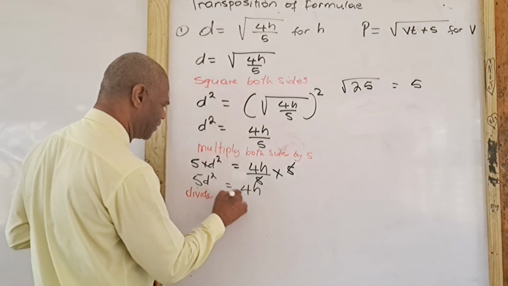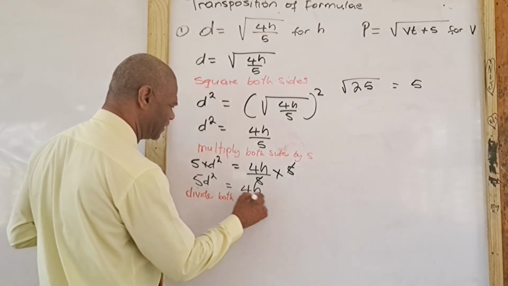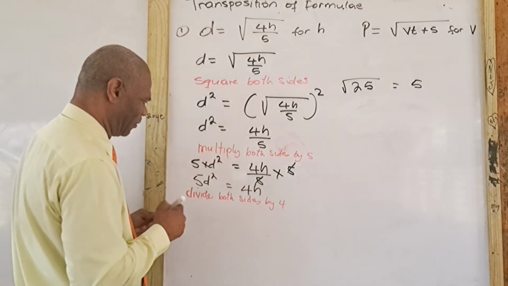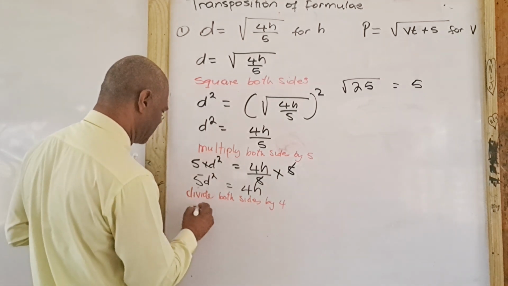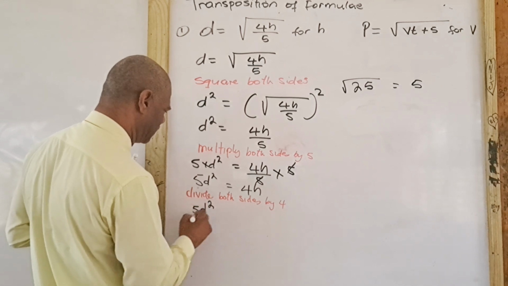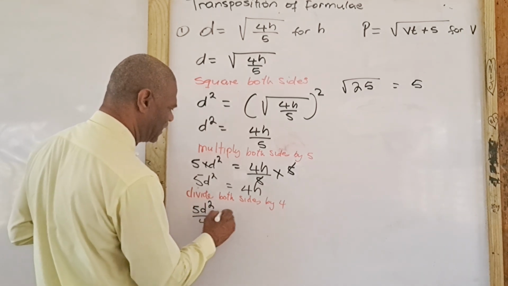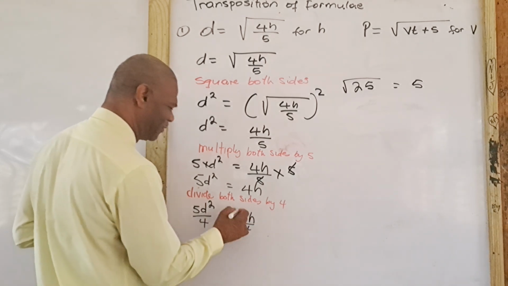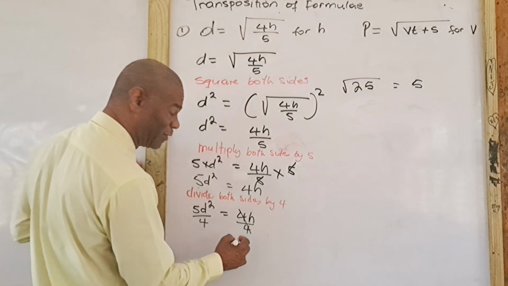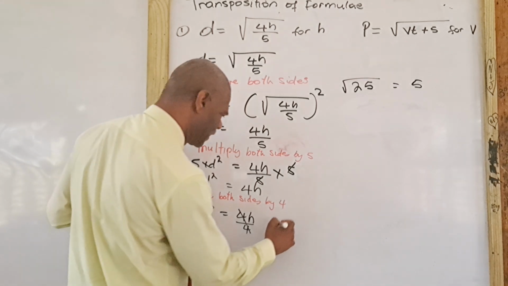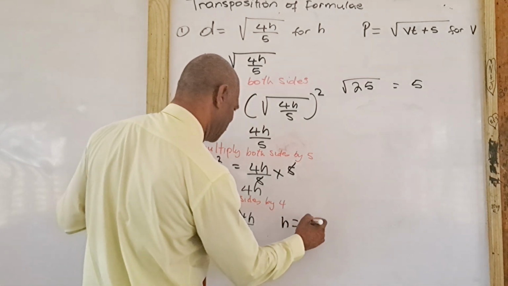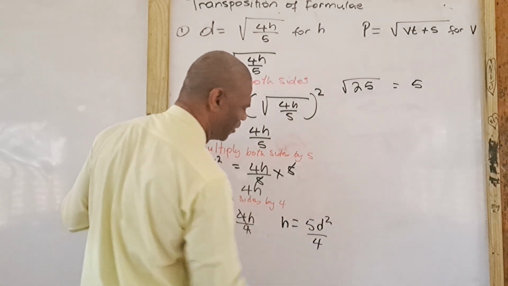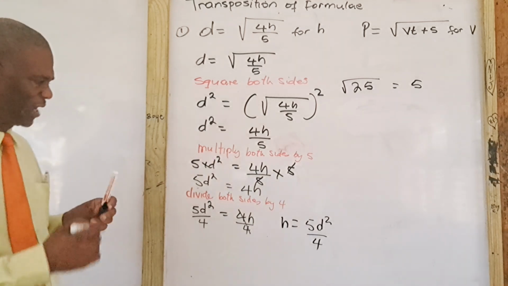That will give us 5d squared divided by 4 equals 4h divided by 4. The 4 is cancelled. So we're left with h equals 5d squared over 4. So that's what we have.